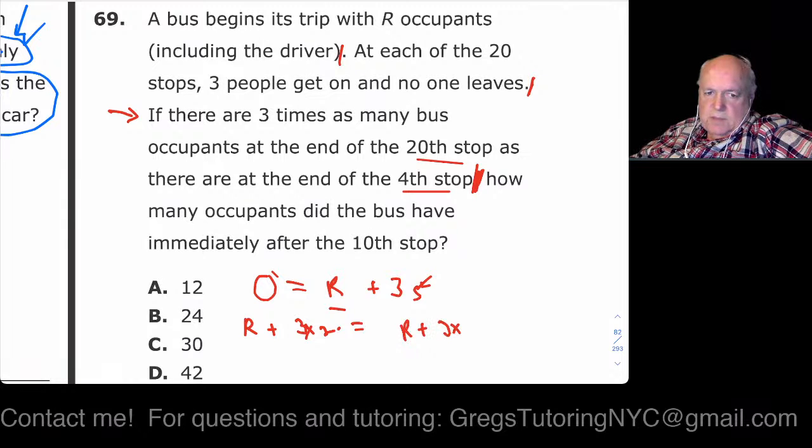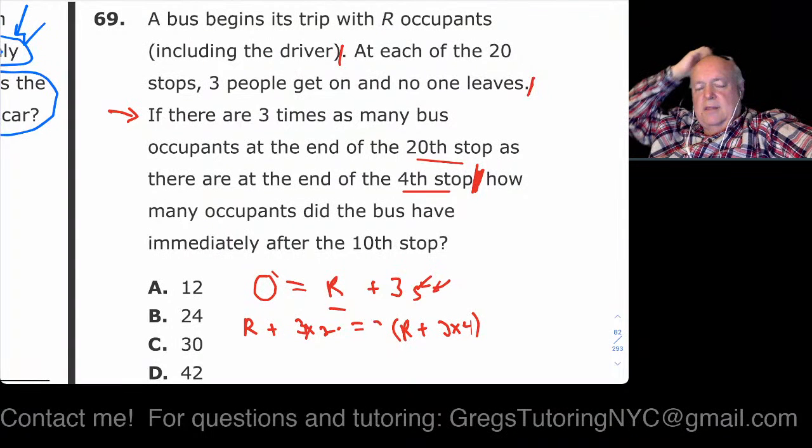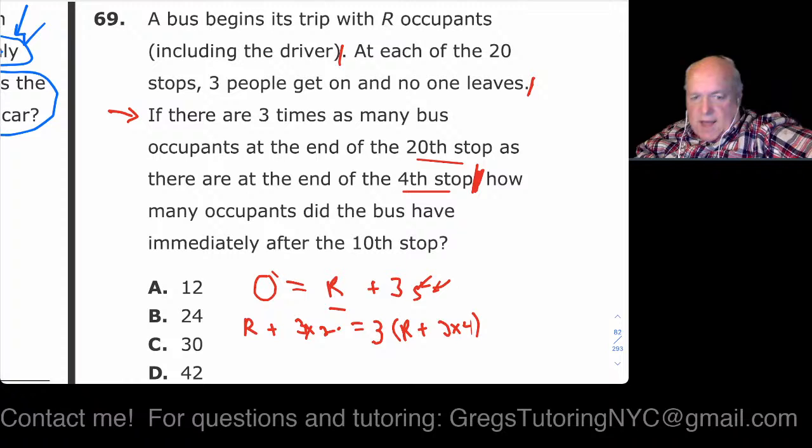We're going to use the equation twice, and they're telling us there's 3 times as many at the end of the 20th, so we need to multiply this by 3. Think that through: if there were 5 people at the 4th stop, then there should be 15 at the 20th.